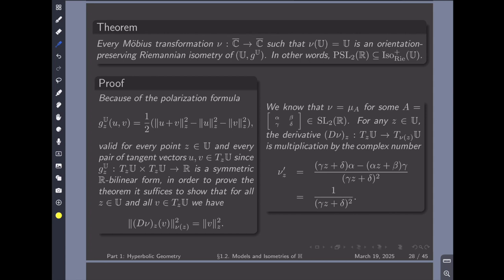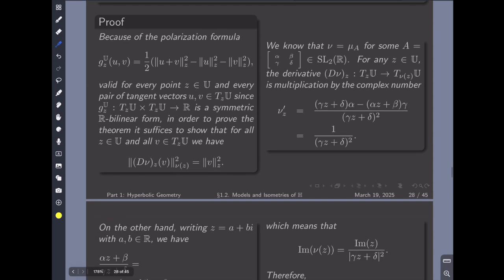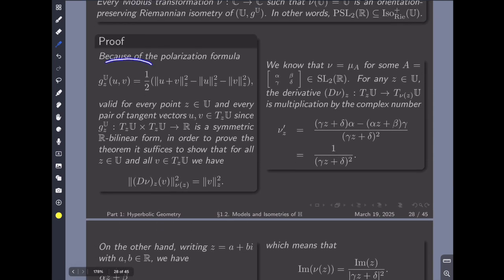Okay, and the proof becomes more or less easy if one remembers the so-called polarization formula, which expresses the dot product of two vectors in terms of just the norm squared. The norm squared of something is its dot product with itself, right? So this expresses the dot product of two arbitrary things in terms of dot products of something with itself, where of course the somethings are not the same.